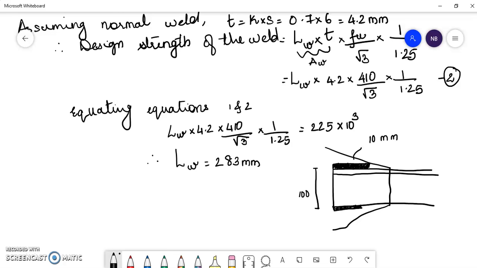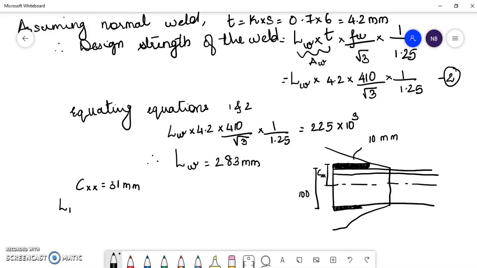We know that from the steel tables the value of Cxx is given to us, and that is the center of gravity of the section, and it is 31 mm in this case. So Cxx is 31 mm from top.